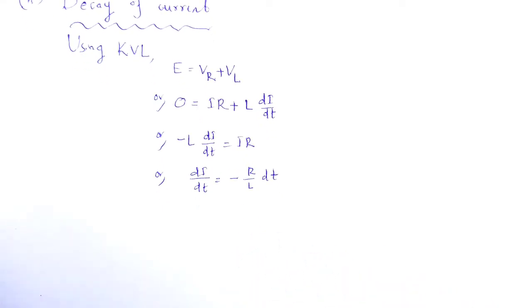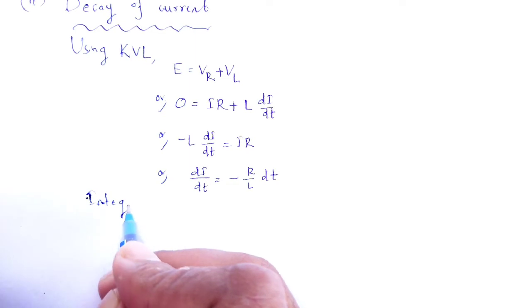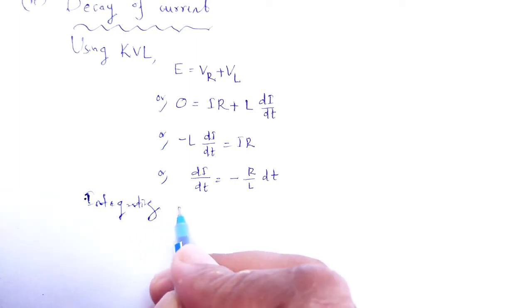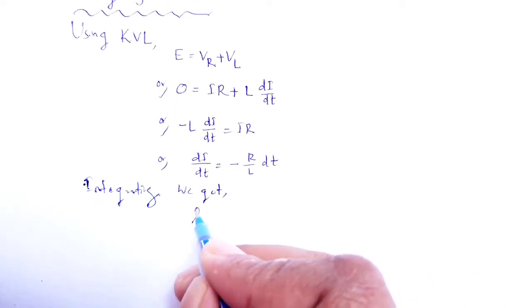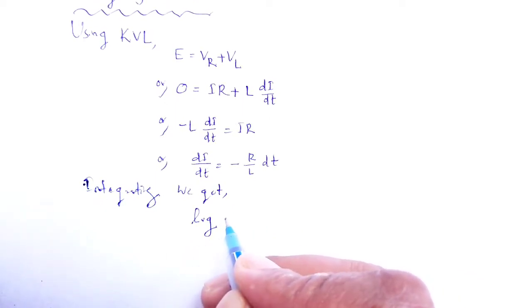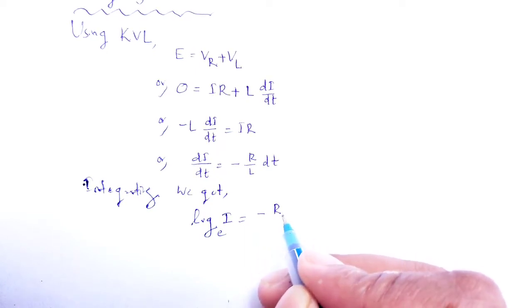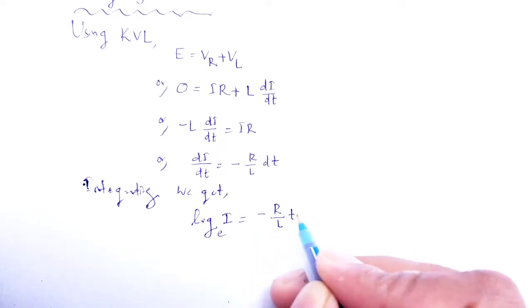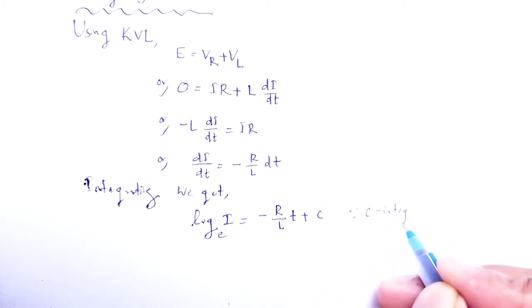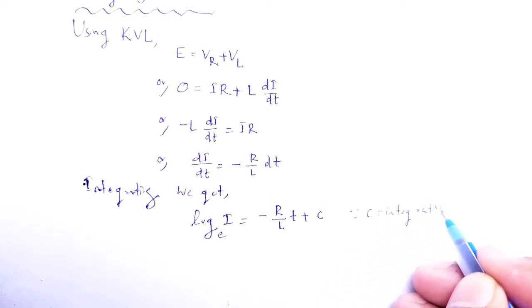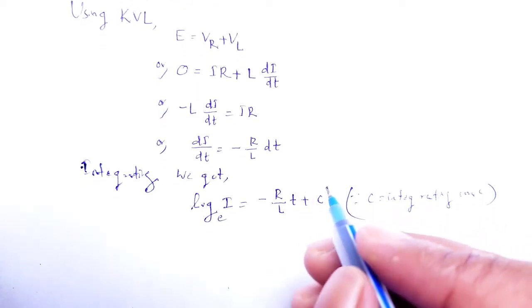Now, integrating we obtain, log I base e is equal to minus R by L t plus C, where C is the integrating constant.